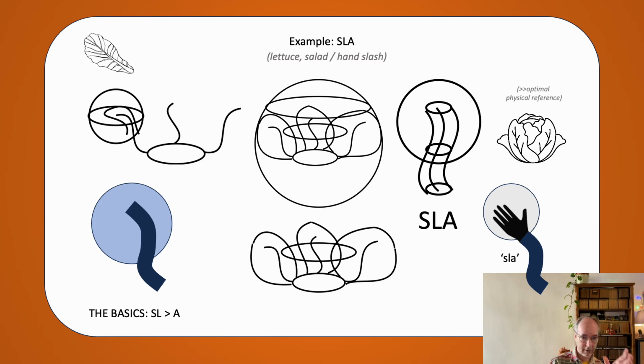I checked the SLA. I couldn't find any image on the internet that was related with SLA as the hand slash and so on. But if I know it was a slash of the hand, I took a hand, I just put the hand on the image, and it actually fits pretty well how you could express the slash.